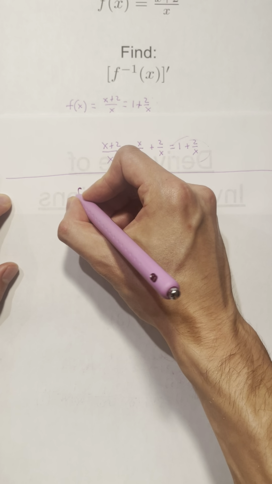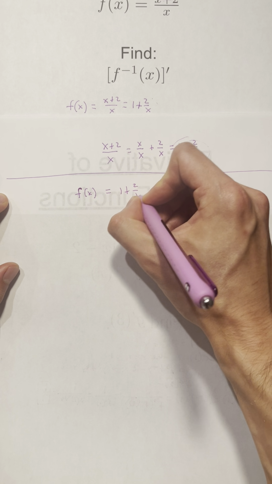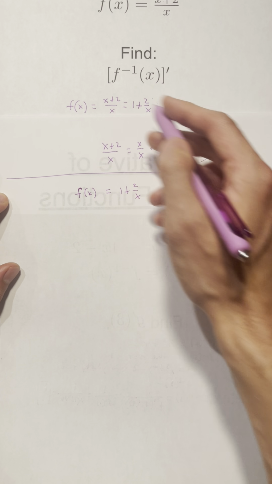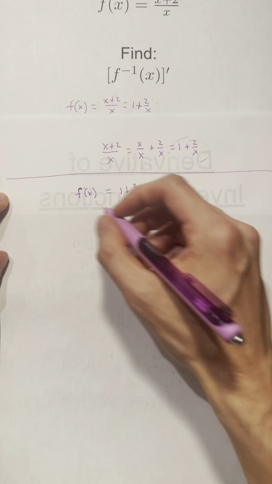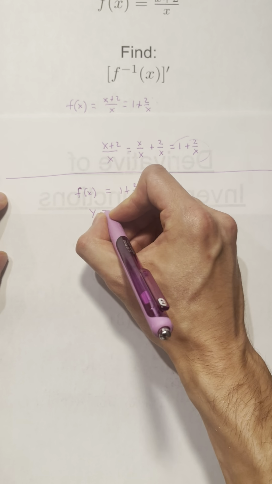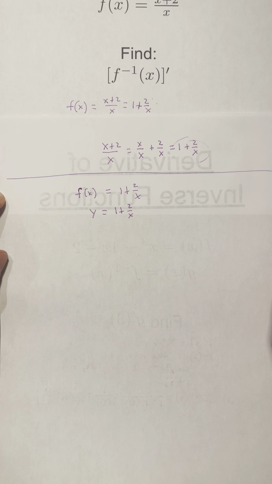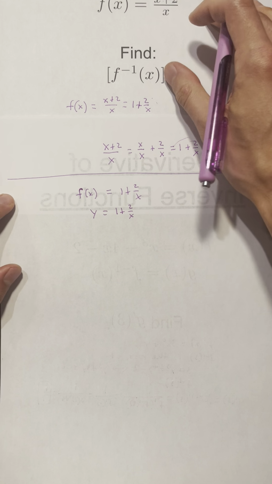Okay, so f of x is equal to 1 plus 2 over x. I just copied this. F of x is the same thing as y. Now, if I wanted to find the inverse, what do I need to do with x and y here?